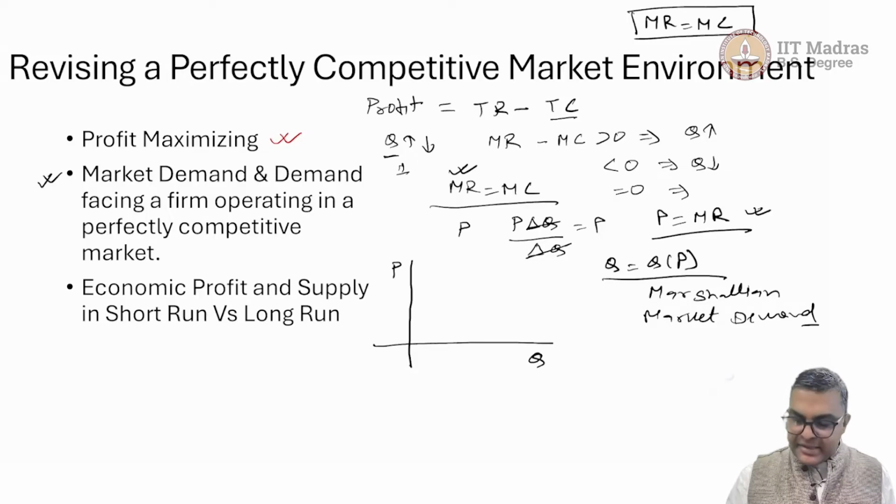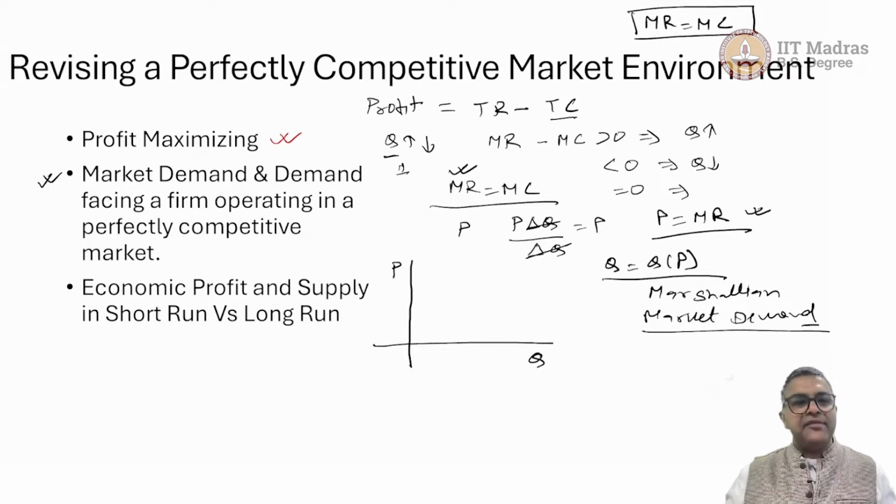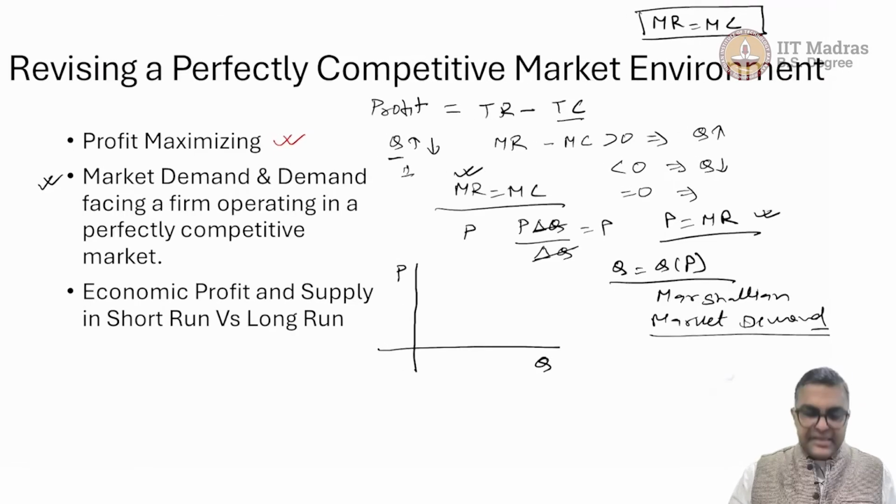Marshallian market demand is obtained when each consumer in the market does utility maximization and figures out how many units he or she would buy at each price, and when we add up all the consumers, we get the market demand, the quantity demanded at each price. This remains the same market demand, because when we talk about market environments, the variation is basically coming on the supply side.